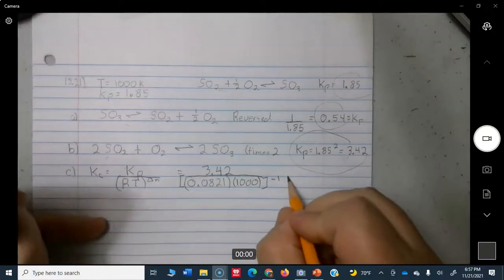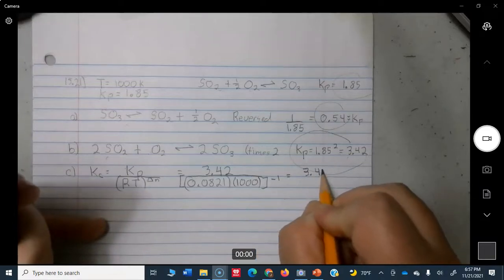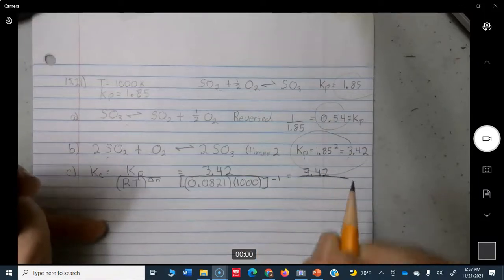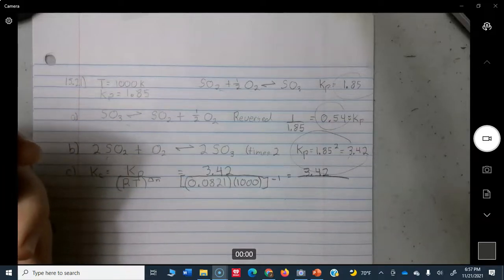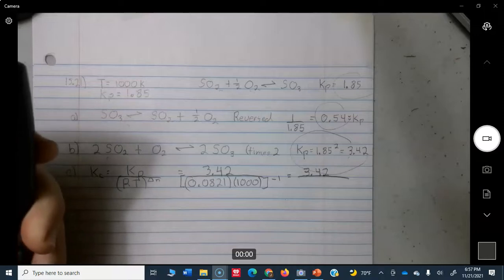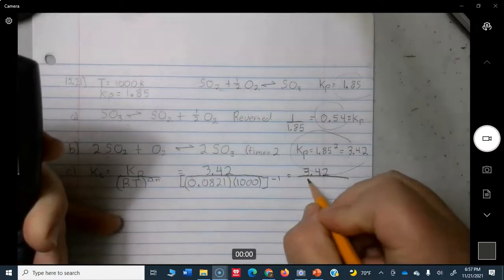Again, I would recommend you do it in pieces. So 3.42 on the top, and on the bottom is 0.0821 times 1000 equals, and then you're going to caret -1, raise it to the negative first power, and that gives you this.